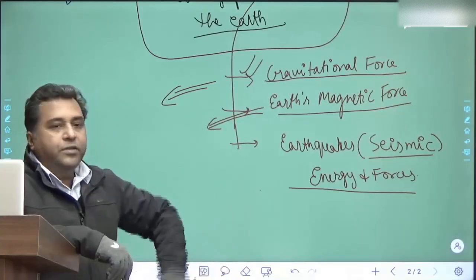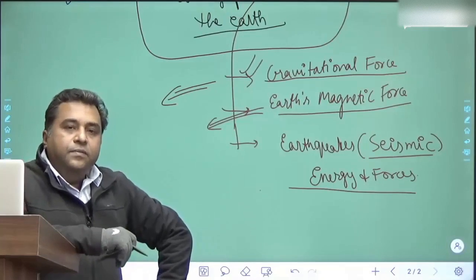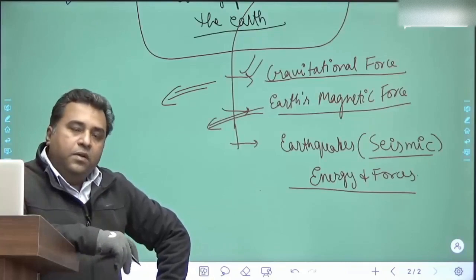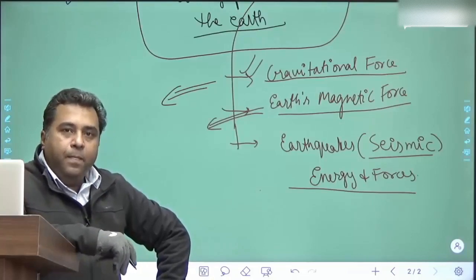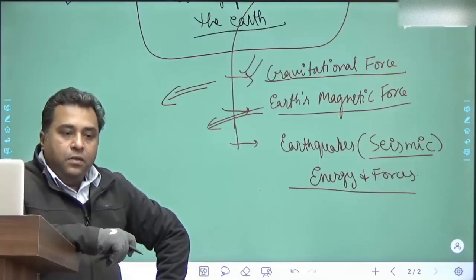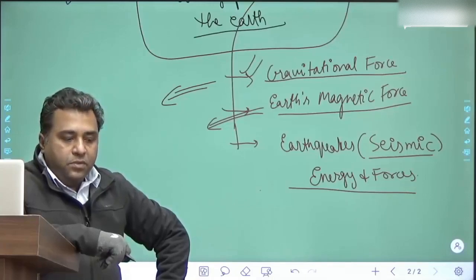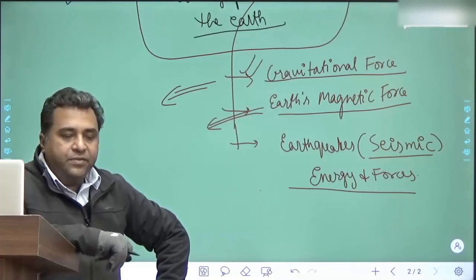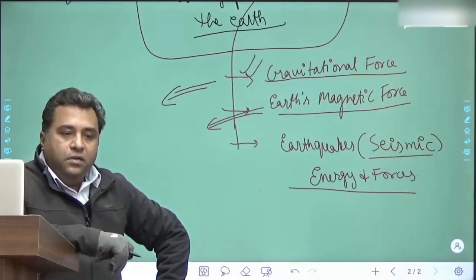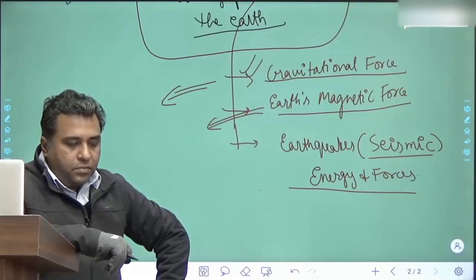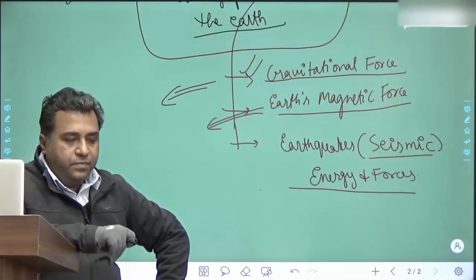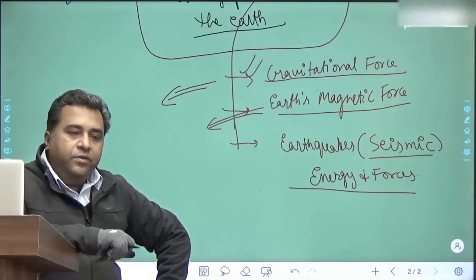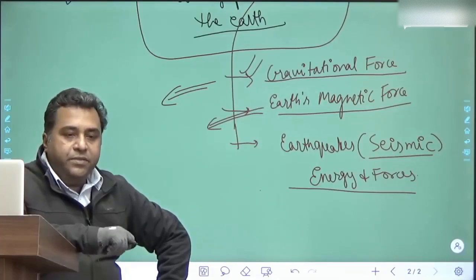So write down under this that Earth's magnetic field is mainly created due to electromagnetic principles.